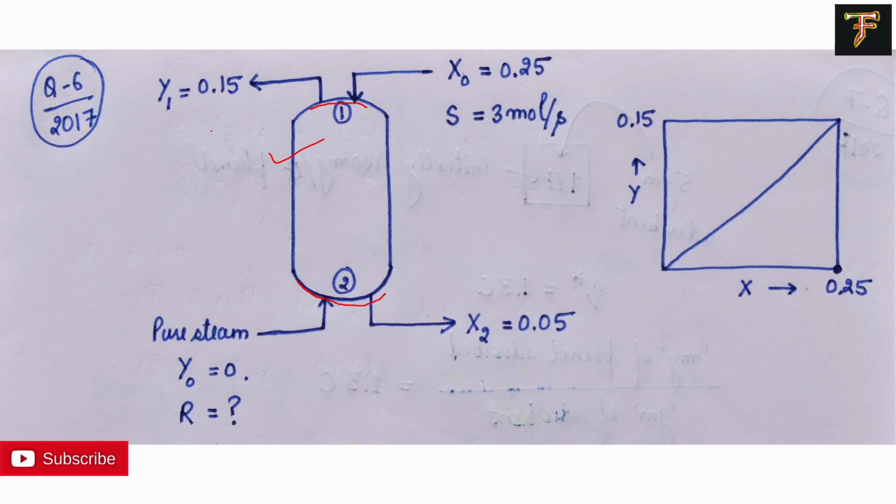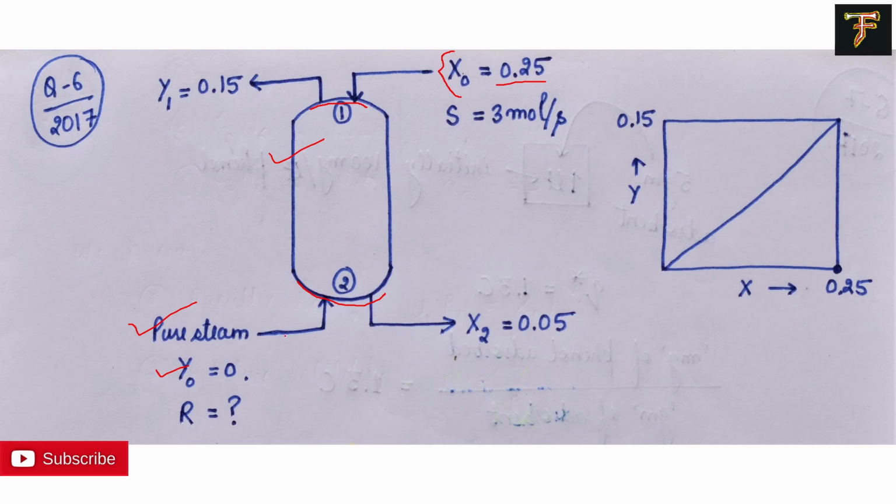So what exactly have they given? They mentioned that pure steam will enter from the bottom, and there is a liquid system where the solute has the composition in mole ratio, not mole fraction, as 0.25. Pure steam means the composition is automatically 0.